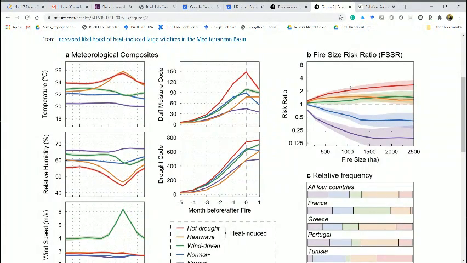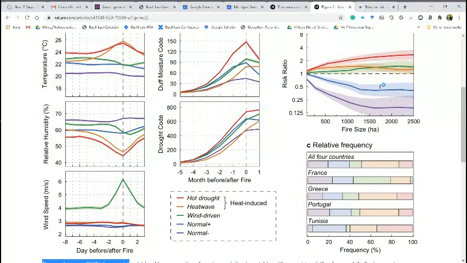Fire size risk ratio. I think the interpretation is that, again, larger fires are more likely to happen when the fires are heat-induced.